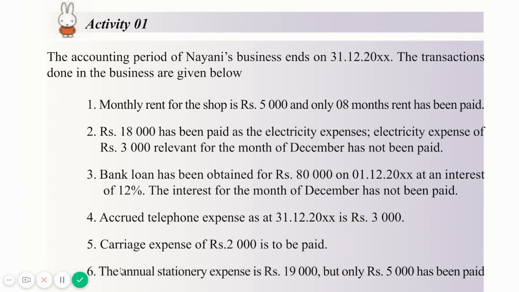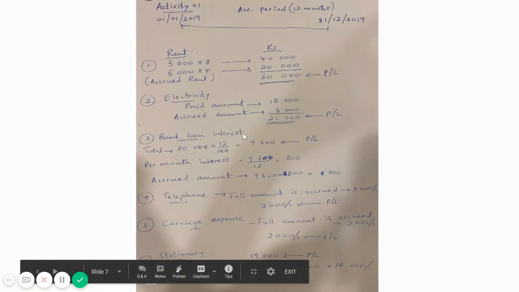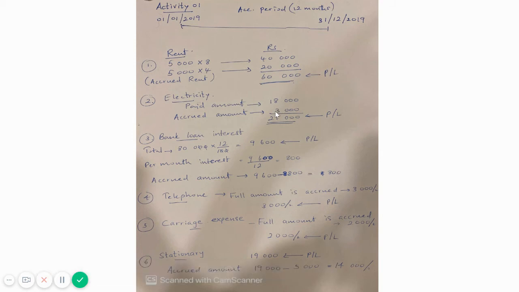₹18,000 has been paid as the electricity expenses. Electricity expense of 3,000 relevant for the month of December has not been paid. So again, 18,000 has been paid. Paid amount is 18,000. 3,000 is the accrued amount.